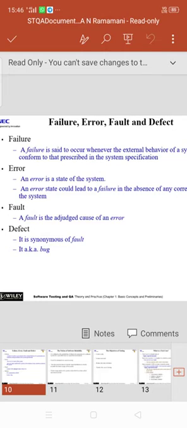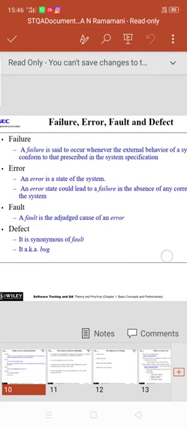The possibility of a train accident is the example of the failure. So error state leads to the failure of the train. Similarly, if we do not correct the program error in time, it leads to system failure. Fault is the adjudged cause of an error. Defect is a synonym of fault.